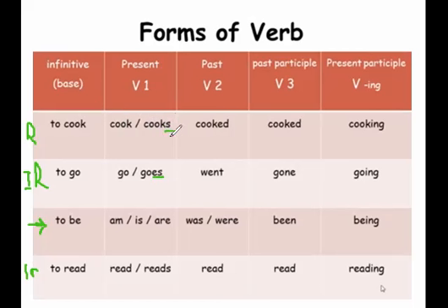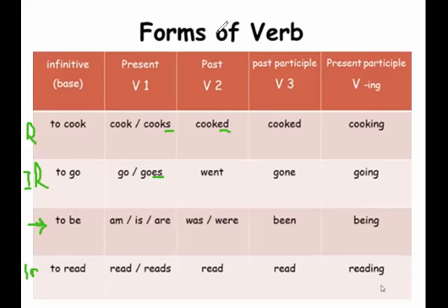In the past form, all you have to do is add ed, so "cook" changes into "cooked". On the other hand, irregular verbs change from "go" to "went".